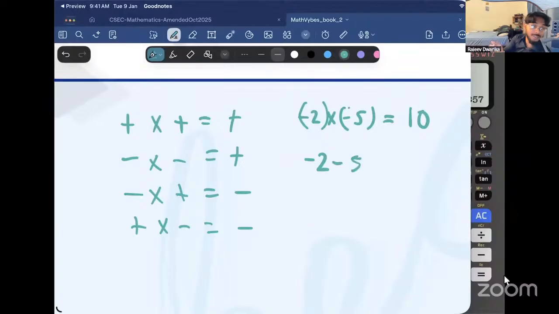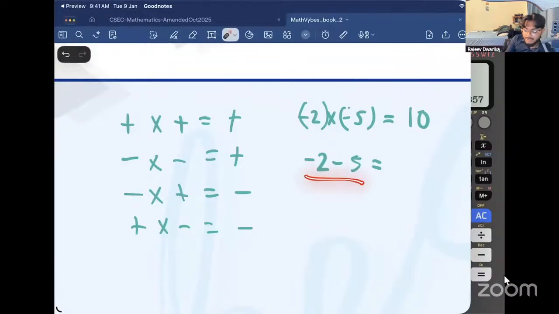However, if I had minus 2 minus 5, am I multiplying that? No, I'm not multiplying. So you can't come and say 10. That doesn't make sense because that's not multiplying.